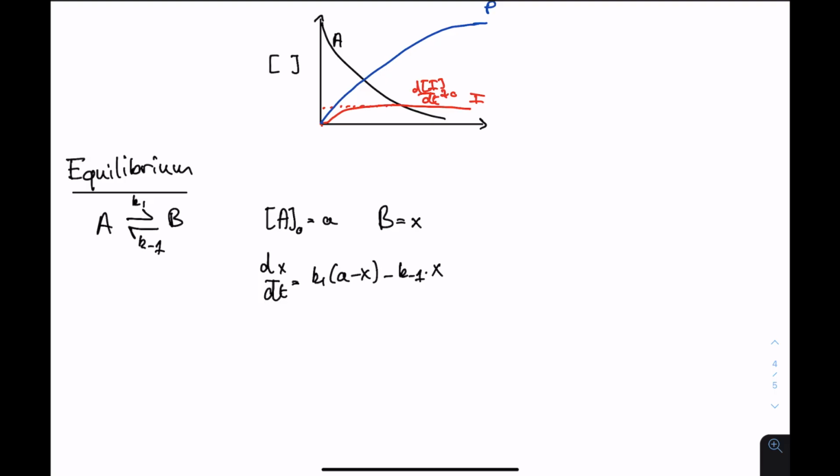And at equilibrium, these rates are balanced, right? So there's no overall change at equilibrium: dx/dt equals 0. Okay?